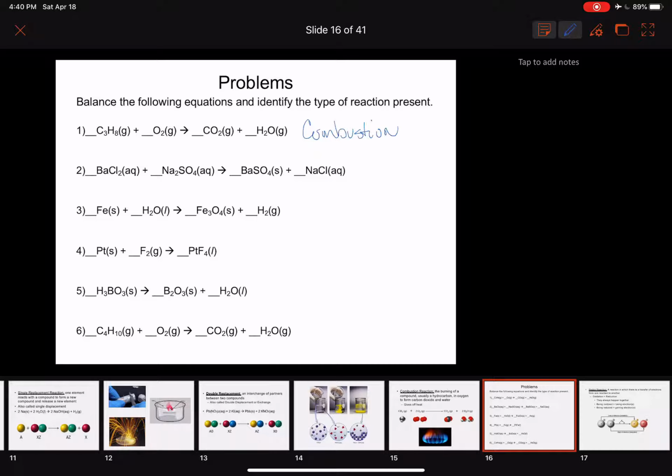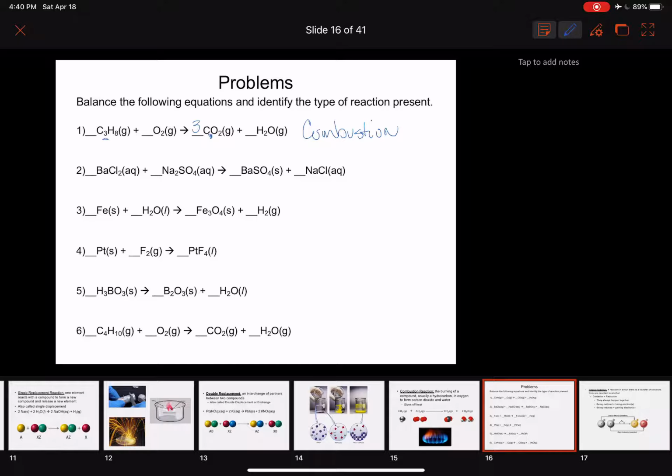Now, on the reactant side, we've got 3 carbons from our propane. And on the product side, we just have 1 carbon from that carbon dioxide. So we need to have an equal number of carbons on both sides. So what number will we put next to carbon dioxide? 3. That's right, because we want 3 carbons on both sides.